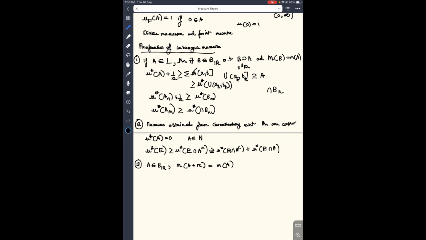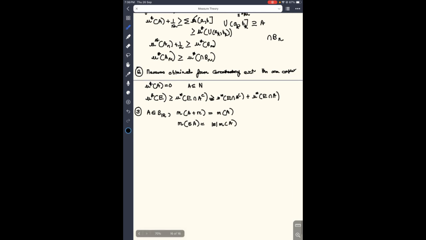Also it has a simple behavior under dilation. If you take any real number s, then M of sA is mod s times M of A. This is quite simple. Just check lambda of the clopen interval (a, b) plus r, this is (a plus r, b plus r), which is still b minus a.